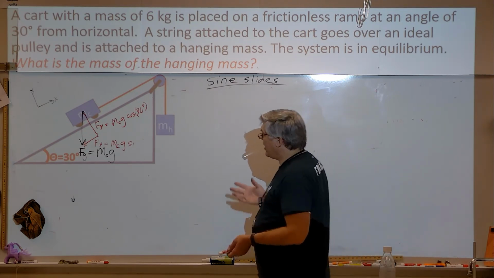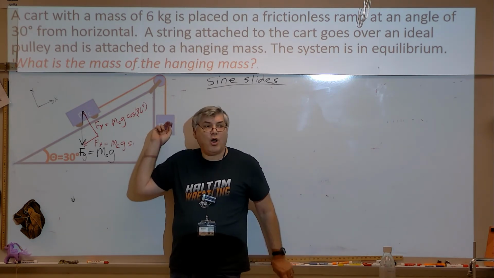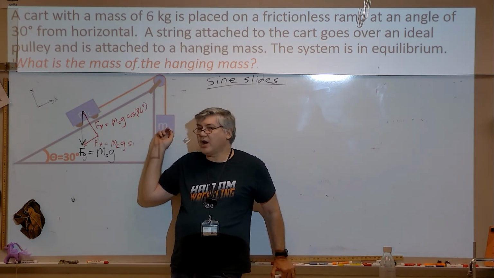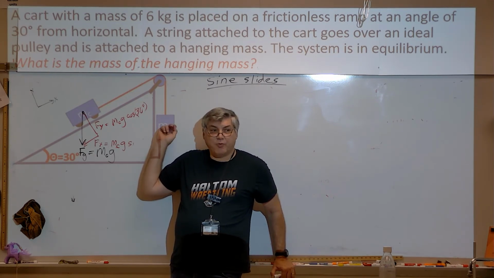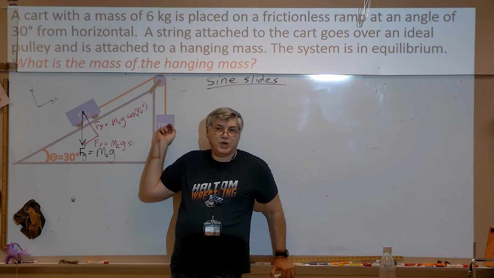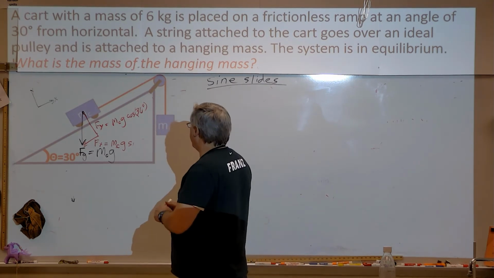One of the things that we did was calculate the net force and all that, which we could do. We could calculate forces, get the forces in newtons, and divide by G to get the mass. But there's actually an easier way to do that.